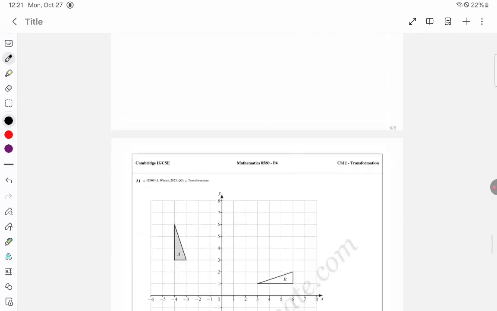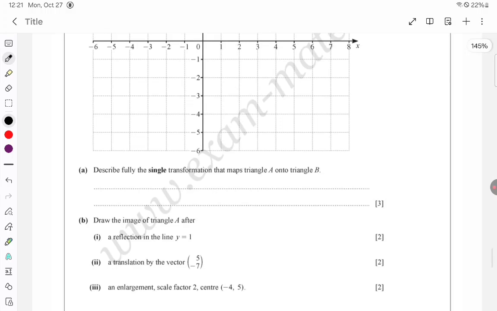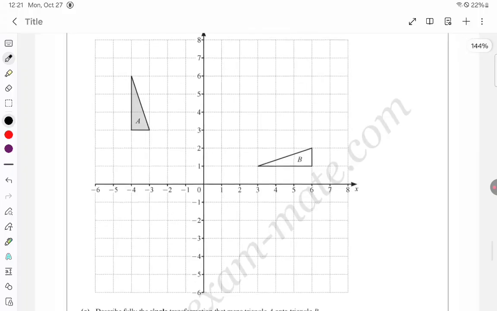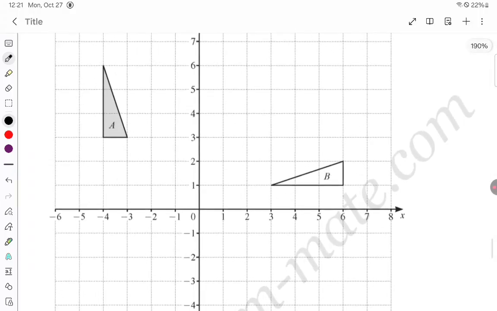Move on to 31, in which we describe fully the single transformation that maps triangle A onto triangle B. Now for that, this is a 90-degree shift. Join the lines first, and the second.